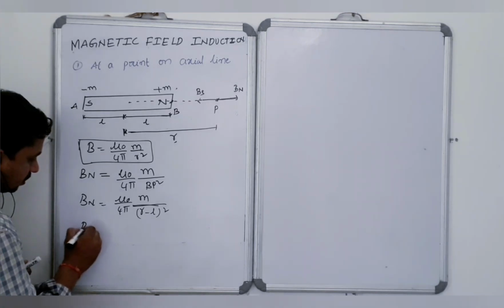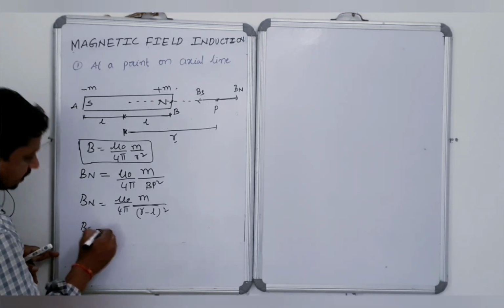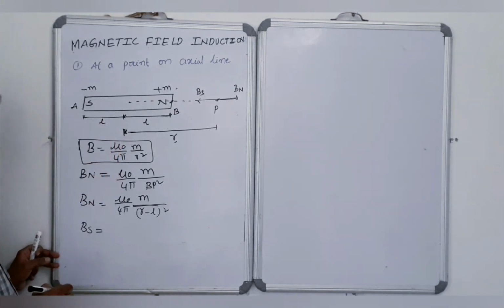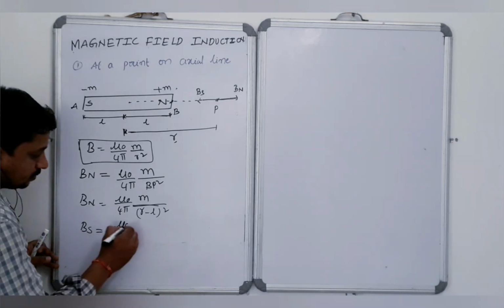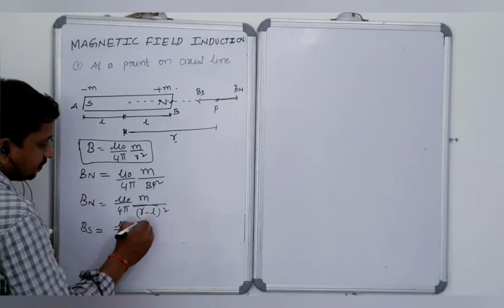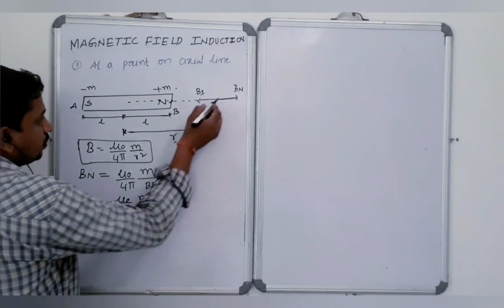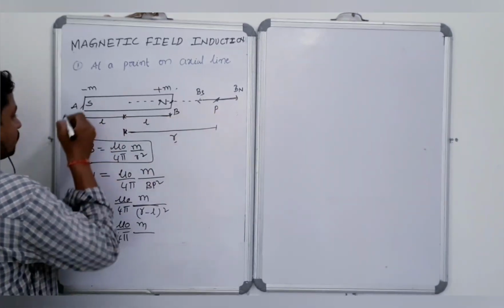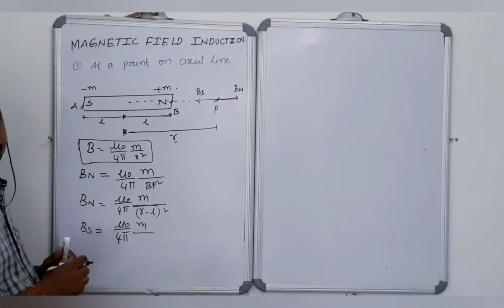Now let us calculate the magnetic field induction due to the south pole. B is equal to mu naught by 4 pi into pole strength m, and we have to consider the distance from this point to the south pole.